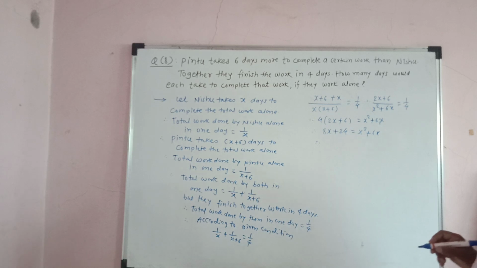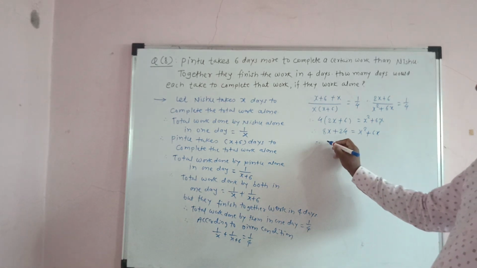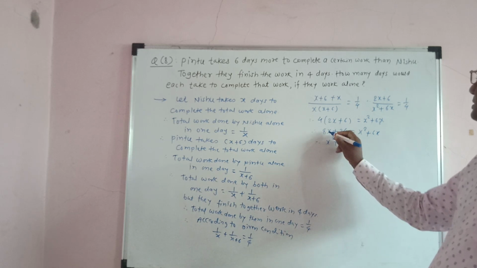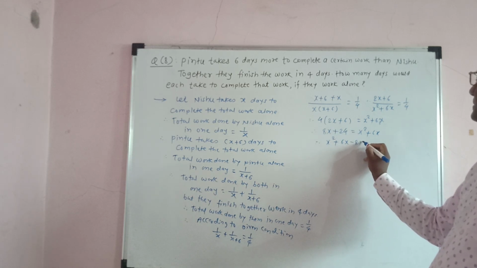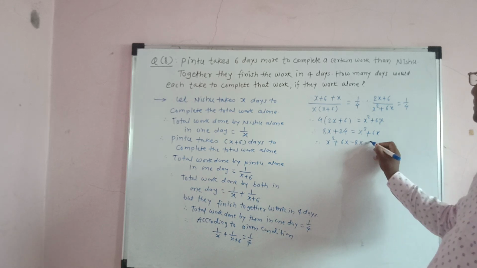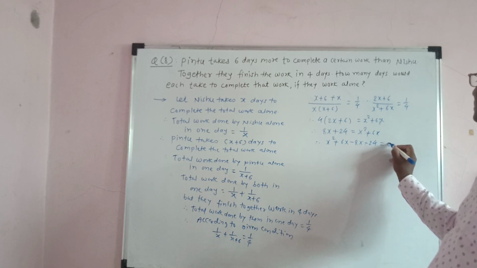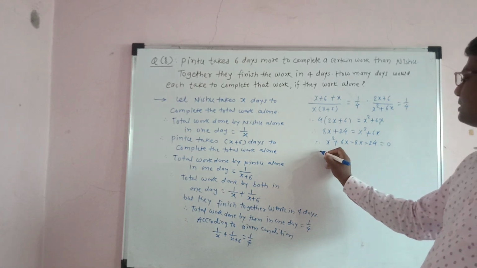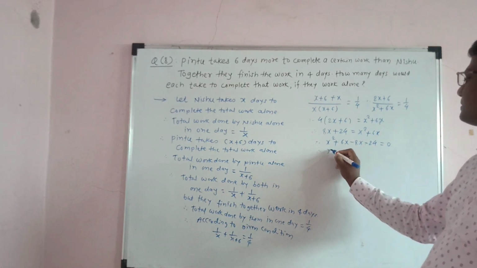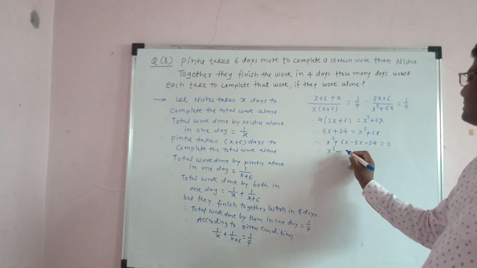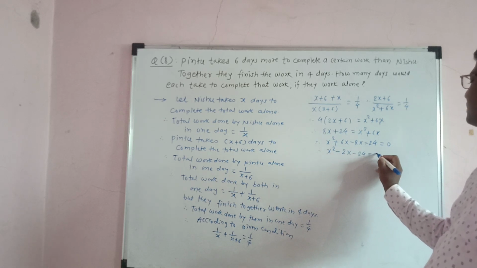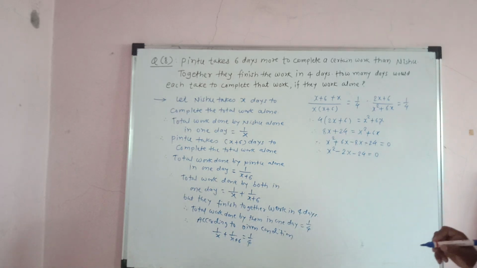Therefore, from the quadratic equation, x square plus 6x minus 8x minus 24 is equal to 0. Therefore, x square minus 2x minus 24 is equal to 0.